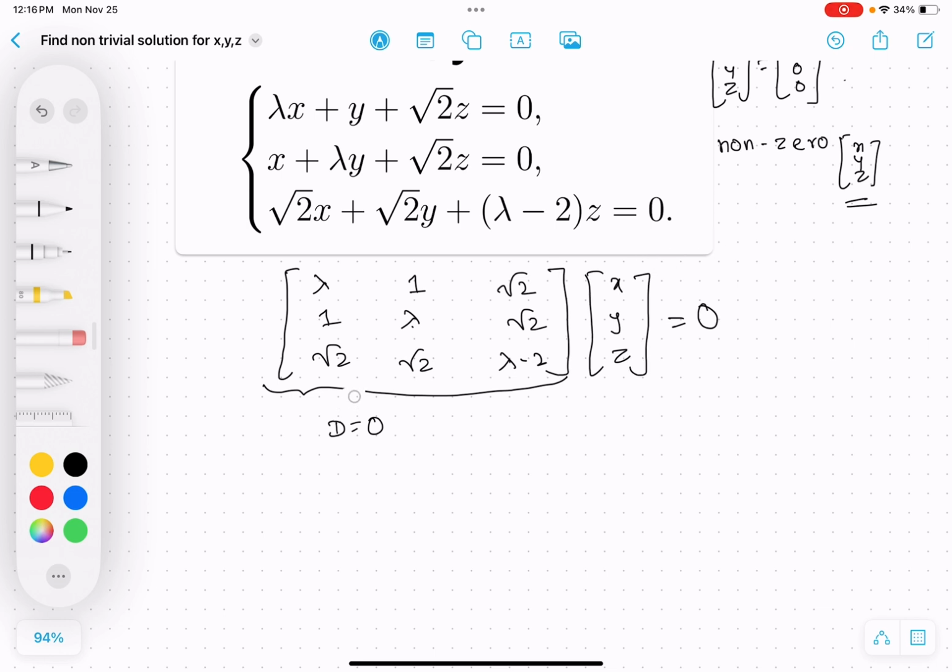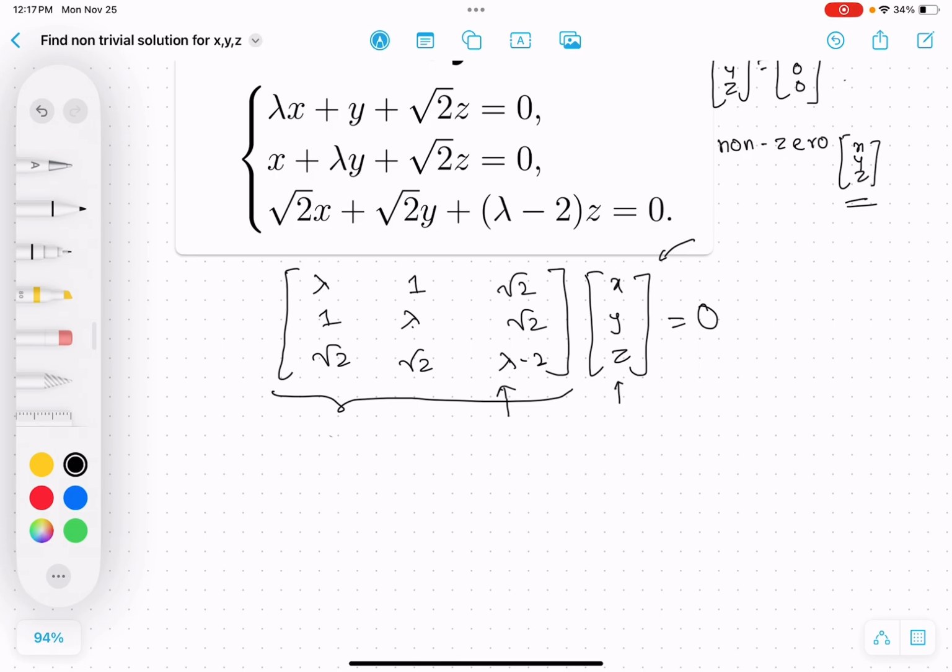But first, let's see why this determinant needs to be 0. Let us believe that there are some non-zero x, y, z for which there are solutions. That's just a fact for now, and let us assume that this matrix has a non-zero determinant, and still the product is 0.